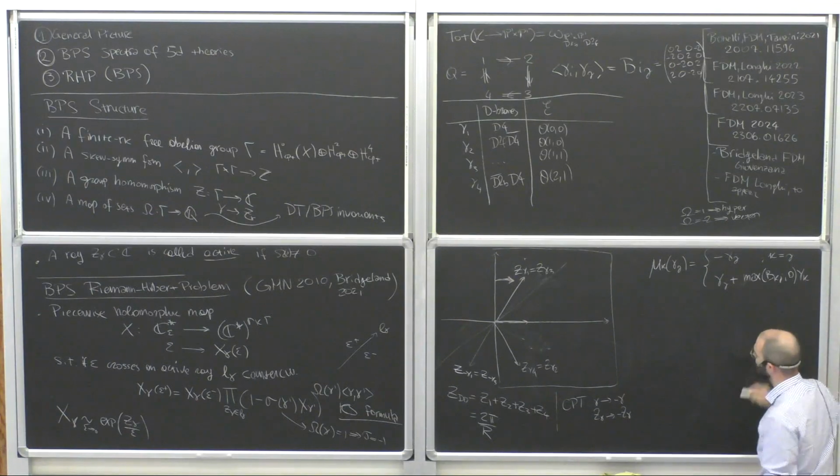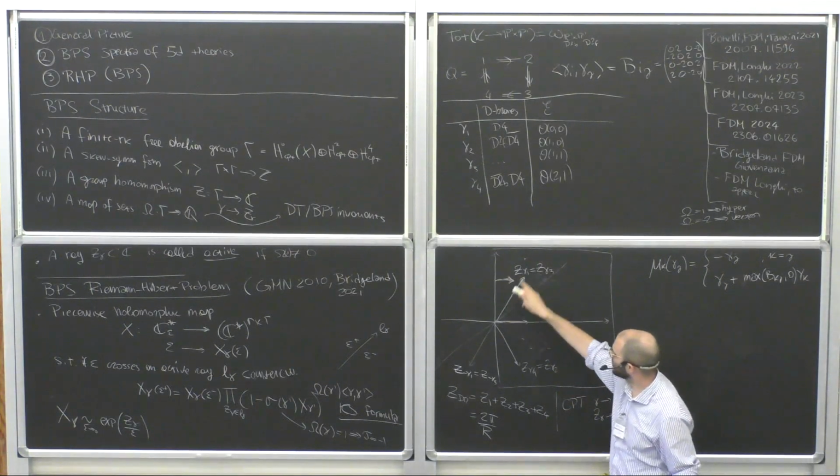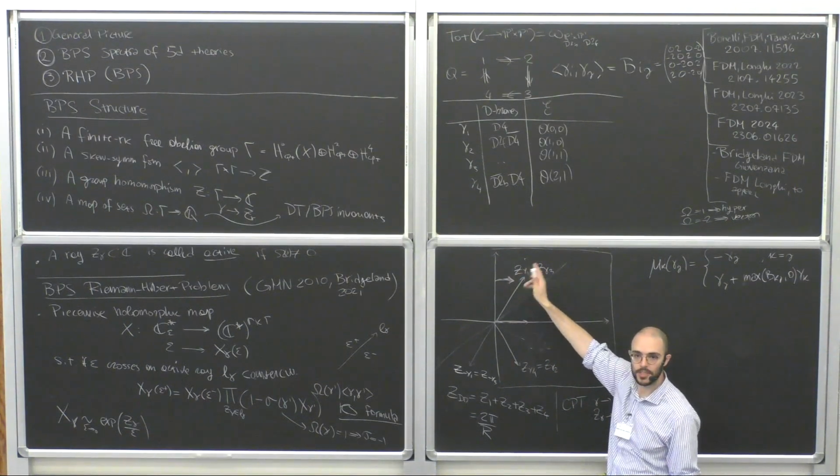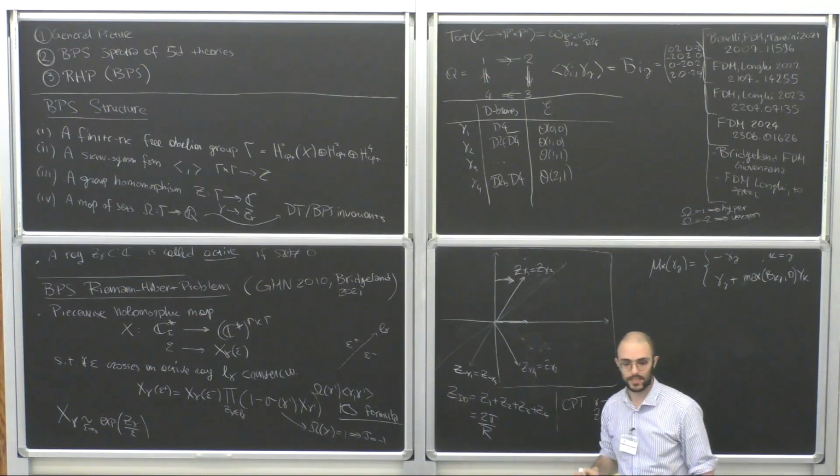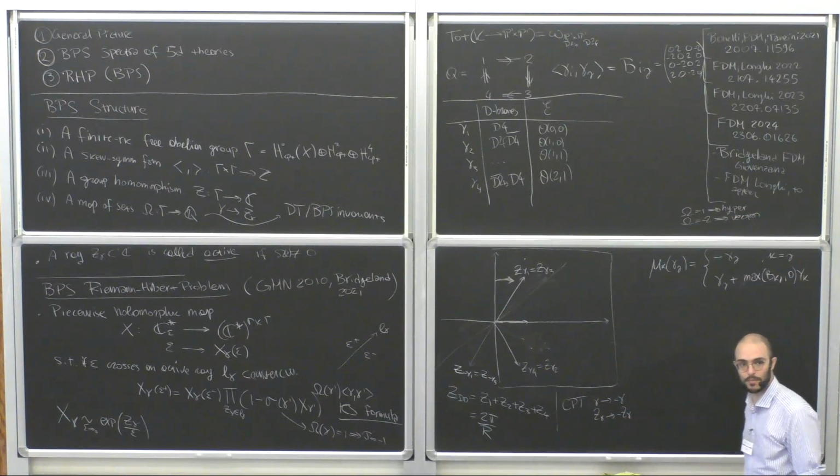times gamma k. So here I'm doing simultaneously a mutation at 1 and at 3, but actually they commute if you study this in detail, because there's zero pairing between them.